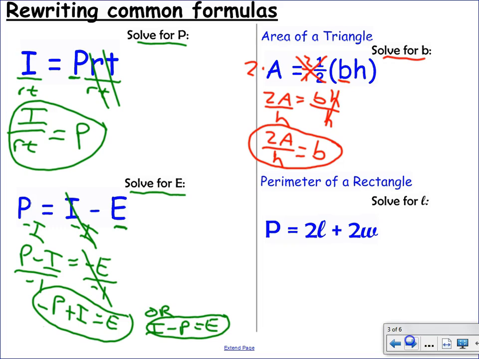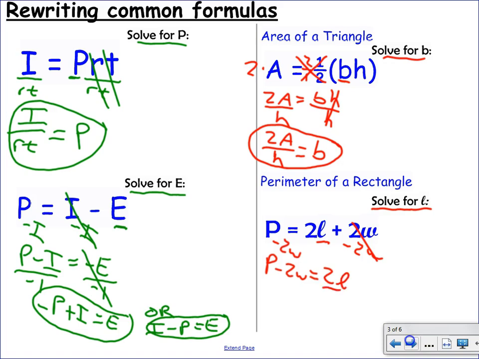And in the formula for the perimeter of a rectangle, if we want to solve for the length, L, perimeter is equal to twice the length plus twice the width. So if we want to solve for L, notice it multiplies by 2, then it adds 2W. So let's subtract the 2W. So we get P minus 2W equals 2L.